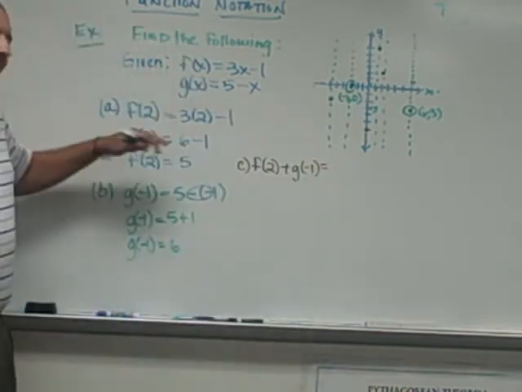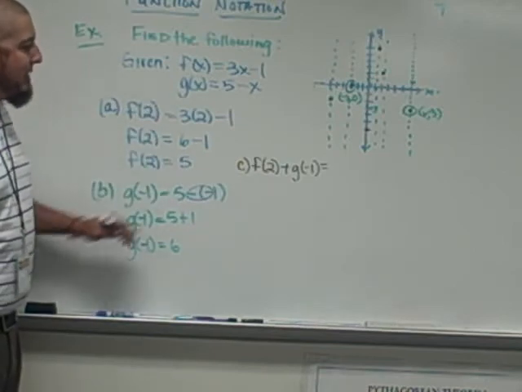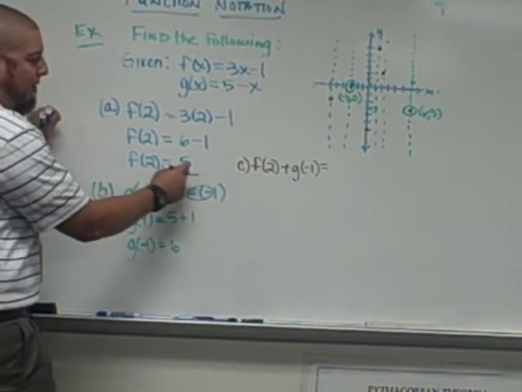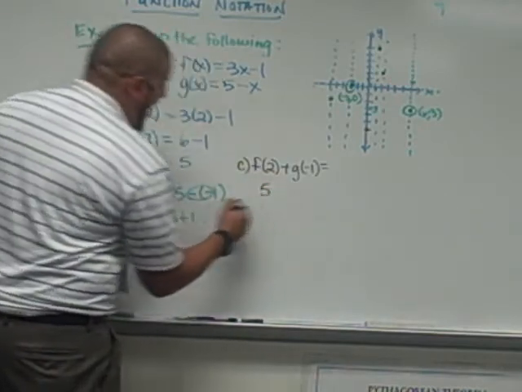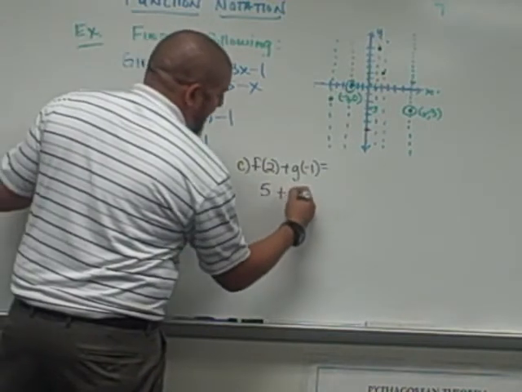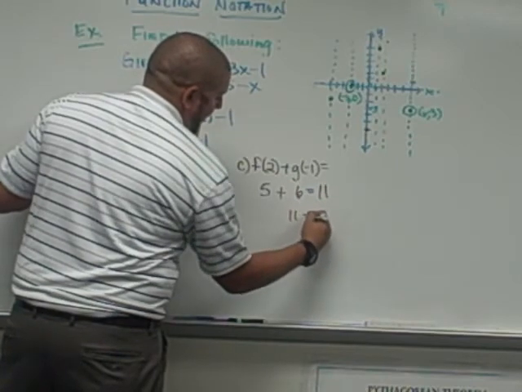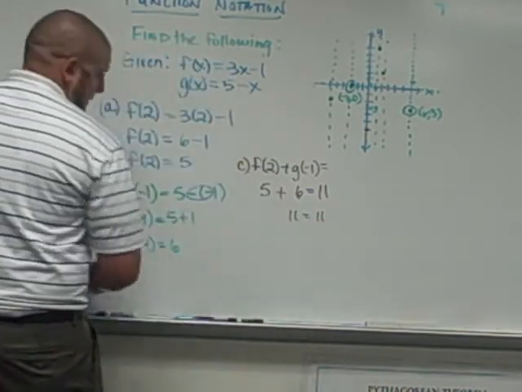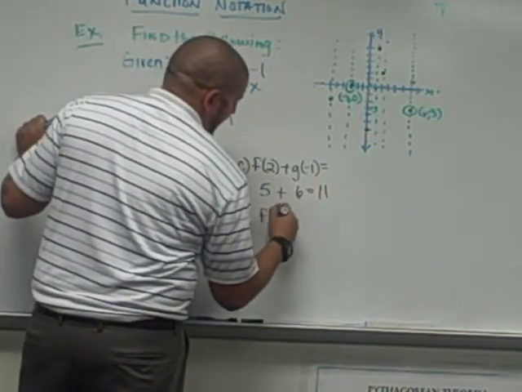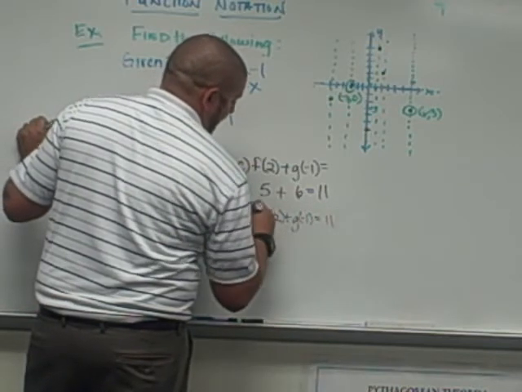I would do exactly the same thing as I did in example A and example B, but once I had the result, I know f of 2 equals what? Because I've already worked out the problem, f of 2 equals 5, and g of negative 1 equals what? 6. So then it's just asking me 5 plus 6 equals 11. So my answer would be 11. So f of 2 plus g of negative 1 equals 11.